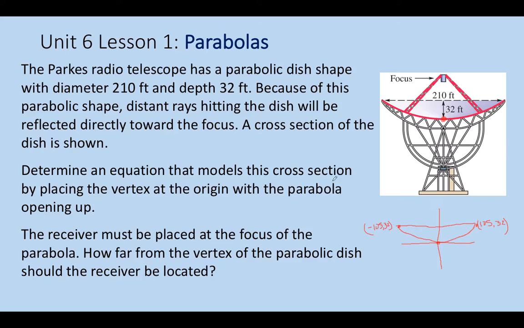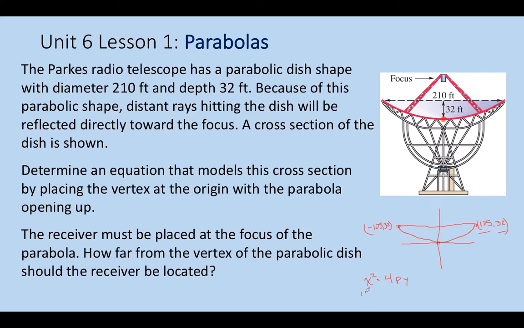And so what do we want? We want an equation for this. This is a vertical parabola, so I'm going to use x squared equals 4 times p times y. We just need to figure out what p is, and we can do that just by plugging in coordinates for x and y. I'm probably going to pick this one since they're positive, not that it really matters.